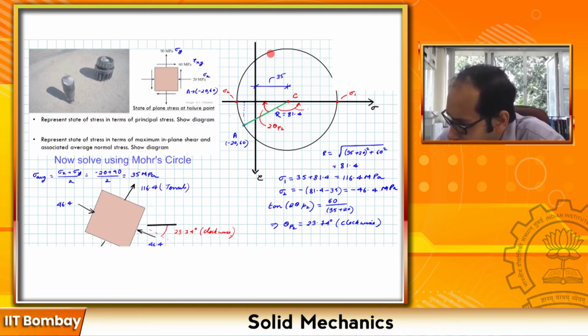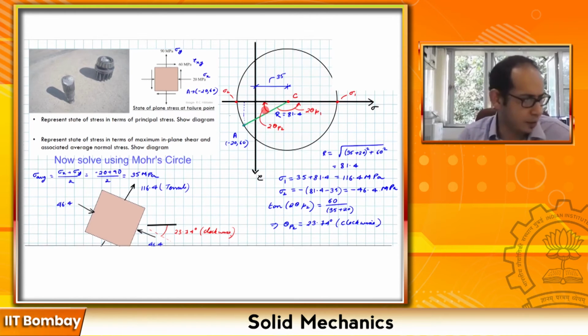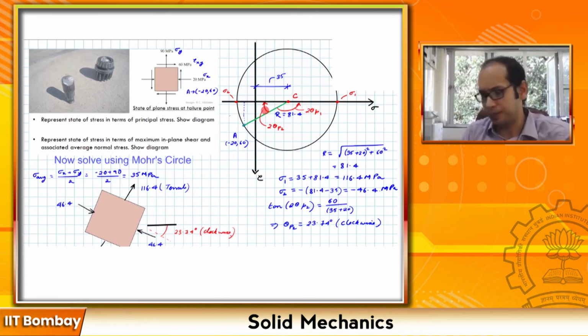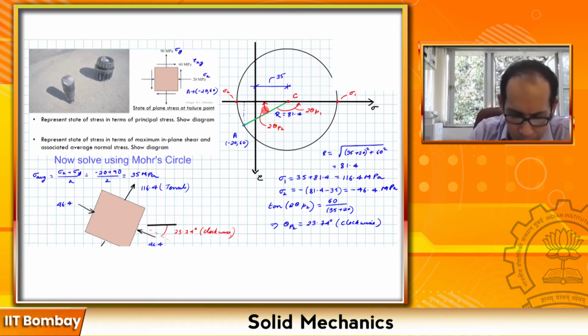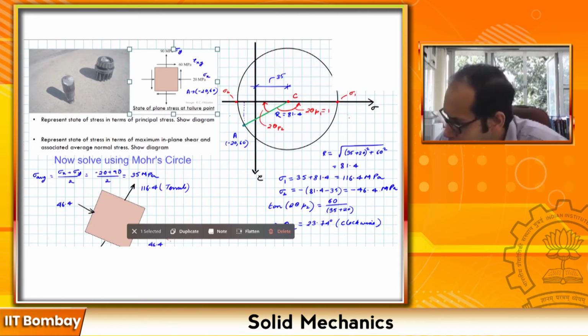In this case you have 2 theta P1, which is 180 degrees minus 2 theta P2. If you calculate that, it becomes 132.52 degrees.